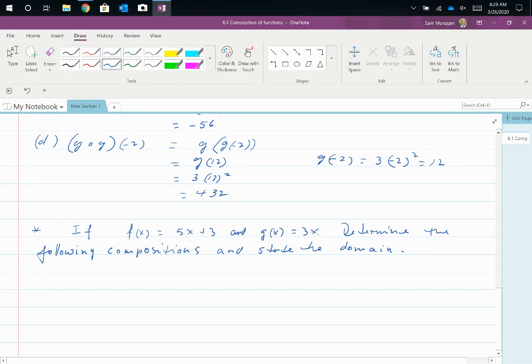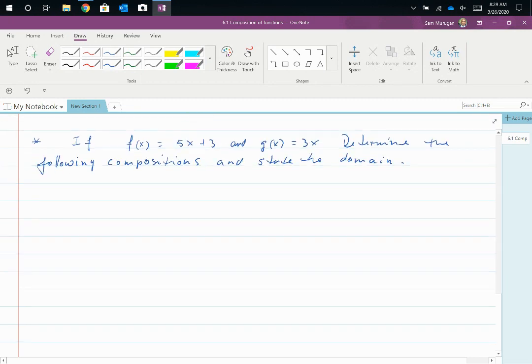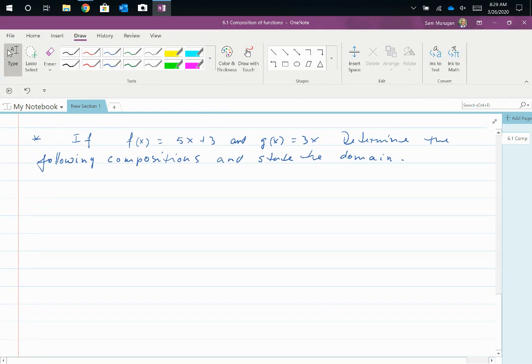So part A is asking about f composed of g.